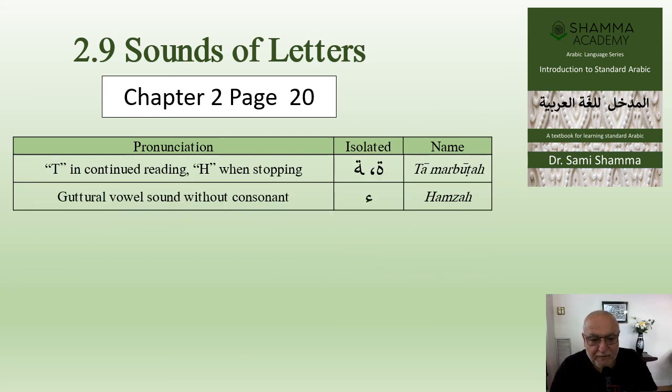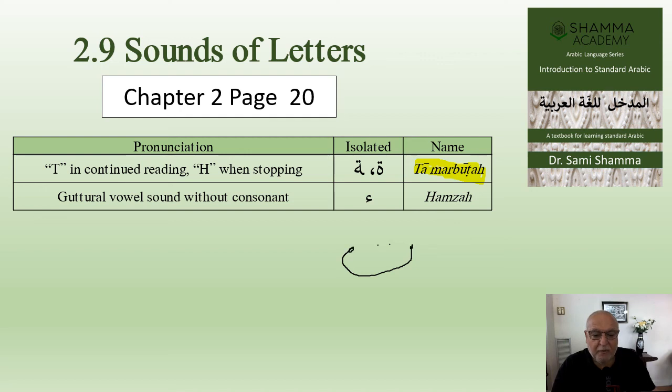Arabic has two special letters. Their pronunciation is quite easy. The first one is what we refer to as ta marbuta, which is a standard ta, except that unlike the regular ta, which was written like this, an open-ended letter, so this end and this end are open.